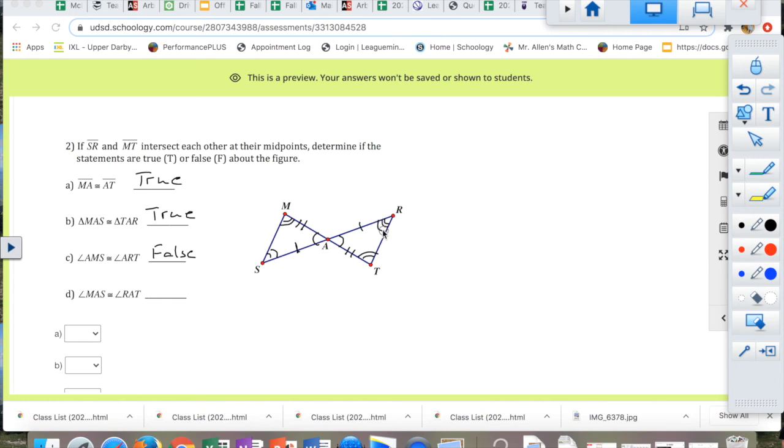I need 3 arcs. I didn't realize that because I already used my 2. Now angle MAS is congruent to RAT. That's true because they both have the vertex A, they're vertical angles. So the only thing that's false here is AMS is not congruent to ART.